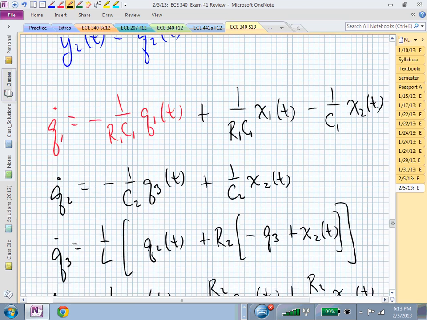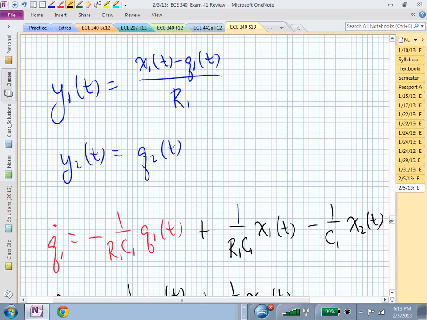And the output equations follow from the Y1 and Y2.